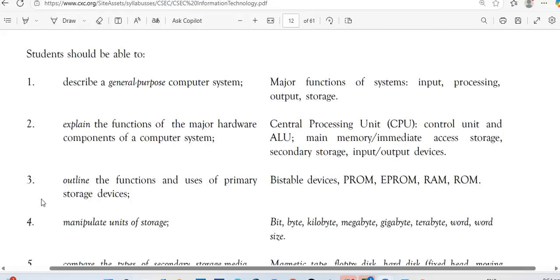The ALU performs arithmetic operations. So if you're doing calculations, say you're a math student and you want to work out your math on the computer, the ALU would do the maths operations such as addition, subtraction, multiplication, and division.